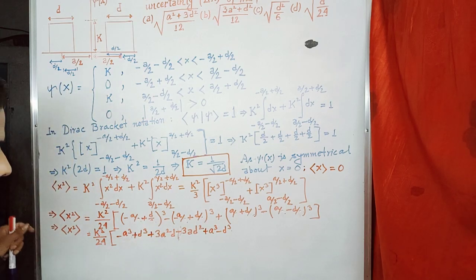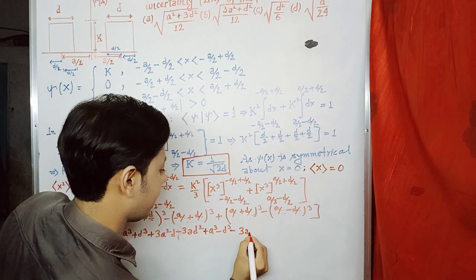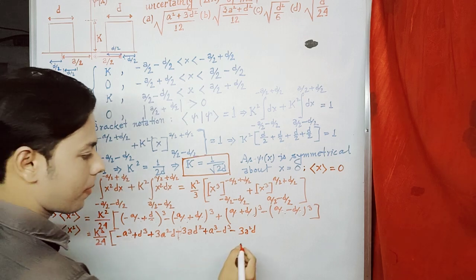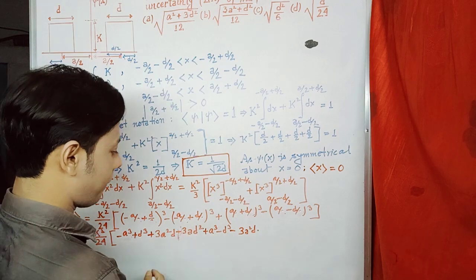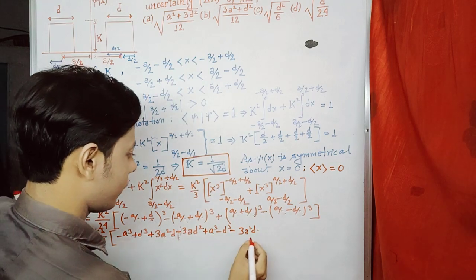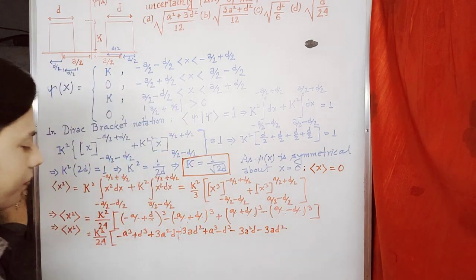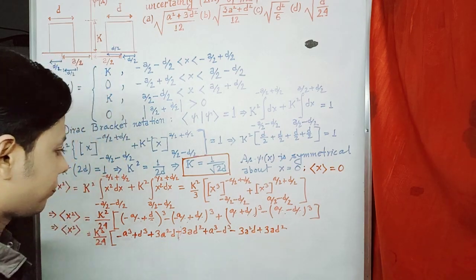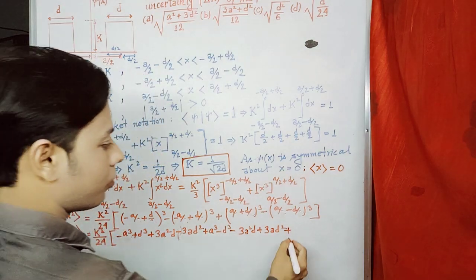Next the term will be minus 3 a square d, and its next term will be 3 a d square, and its value will be positive. And similarly there will be a value for this expansion.